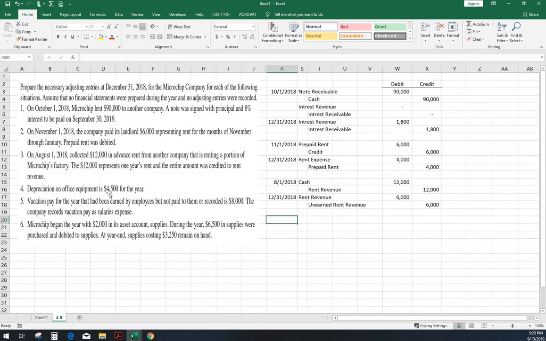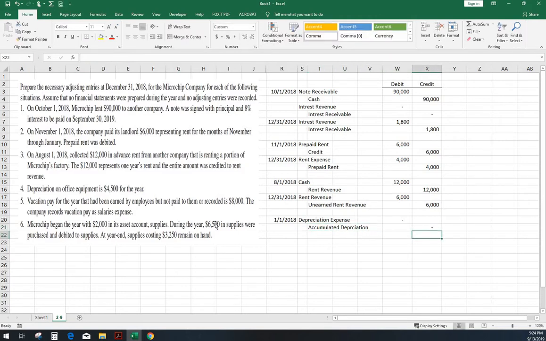Depreciation on office equipment is $4,500 for the year. So, what's the original transaction? Well, on 1/1/2018, we would have recorded a depreciation expense of 0 because no equipment has been used yet. So we don't have any depreciation expense, and our accumulated depreciation is also 0.